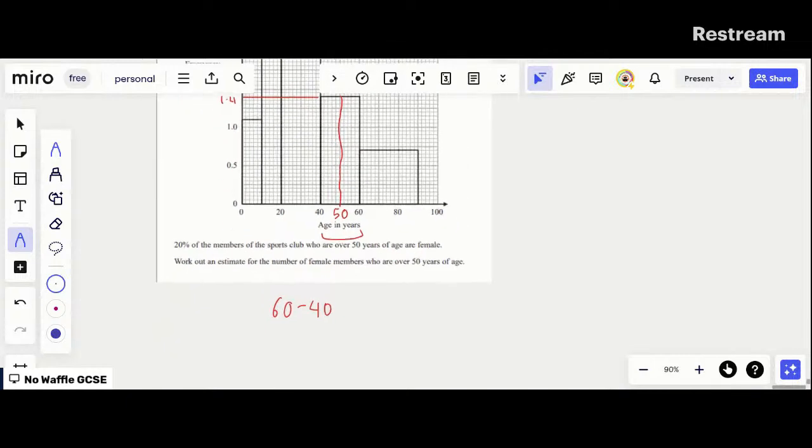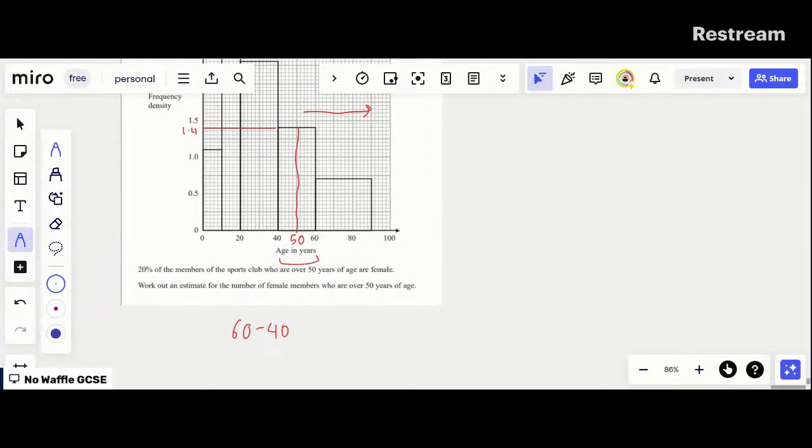So the frequency density for that age group is 1.4. Okay, and that'll get you the total number of members who are between 40 and 60.